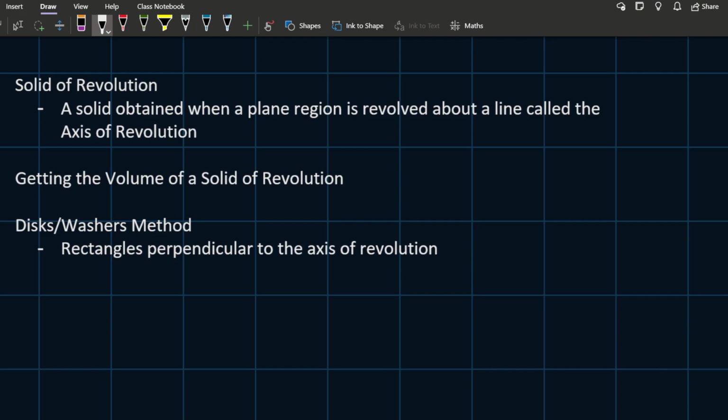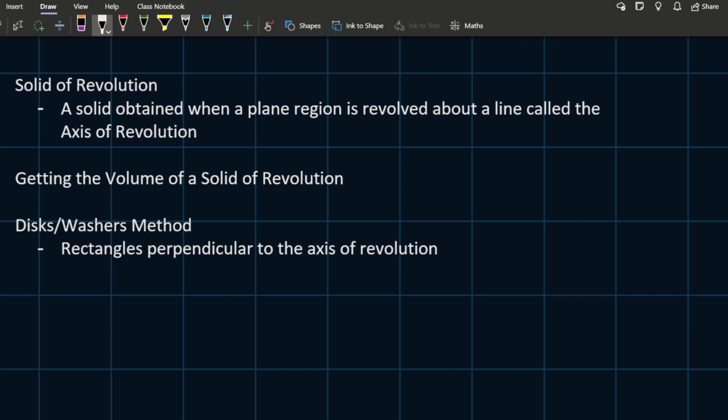Okay, this is used when we are considering rectangles perpendicular to the axis of revolution. Now, previously, sa pagkuha ng area of a plane region or area of a region, gumagamit tayo ng either vertical or horizontal na rectangles. So, ganun rin sa pagkuha ng volume ng solids of revolution.